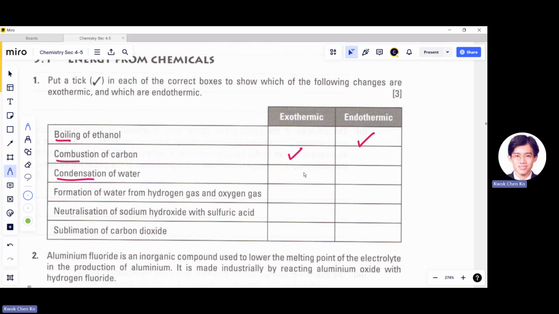Condensation. Good. Formation of water from H2 and O2. Does this look familiar? H2 and O2 give you what? Water, right? So does this look like the burning of hydrogen gas? It does.